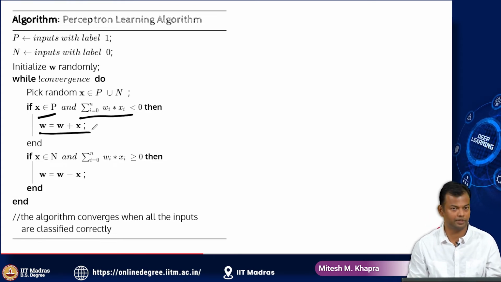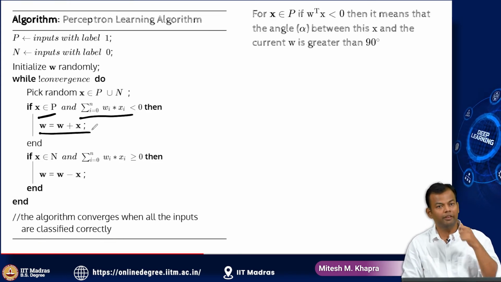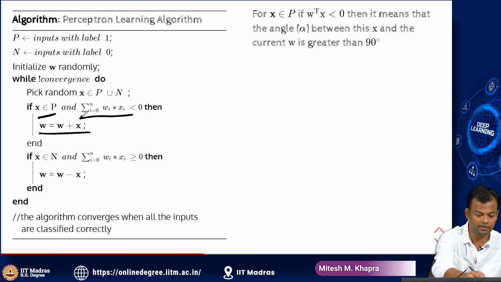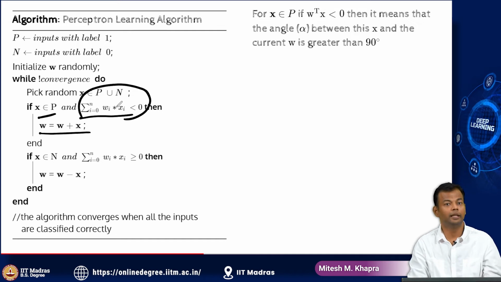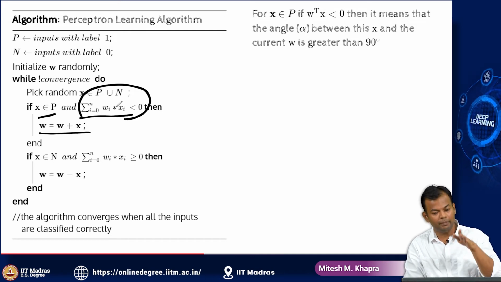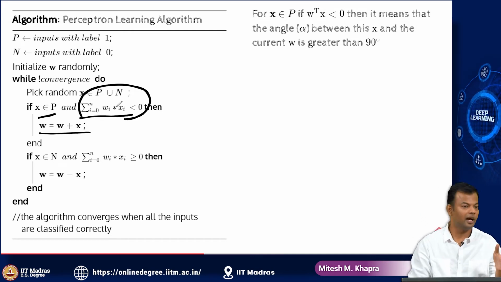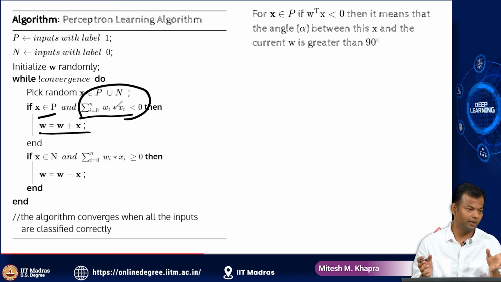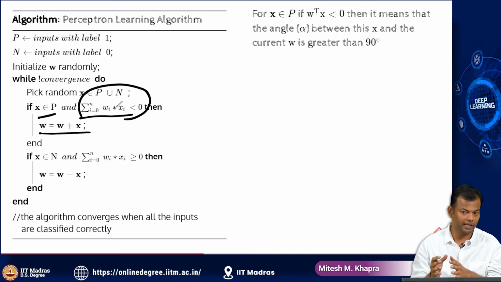So, let us see what happens by that, right. If X belongs to P and if W transpose X is less than 0, that is what this expression means, then it means that the angle between this X and the current W is greater than 90 degrees, right. But that is not what I wanted. I wanted this angle to be less than 90 degrees.